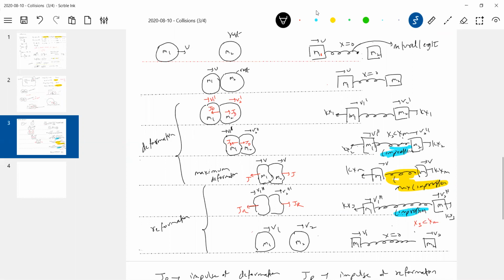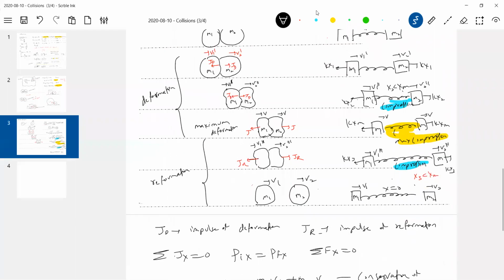And finally, if you check, there is no deformation left, no residual deformation. Residual means leftover. The bodies come, collide, undergo deformation, then come out of deformation completely. Such a collision is said to be an elastic collision.